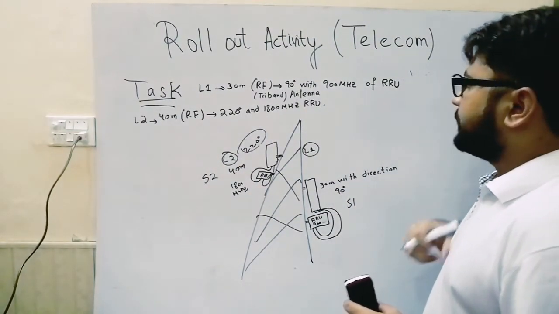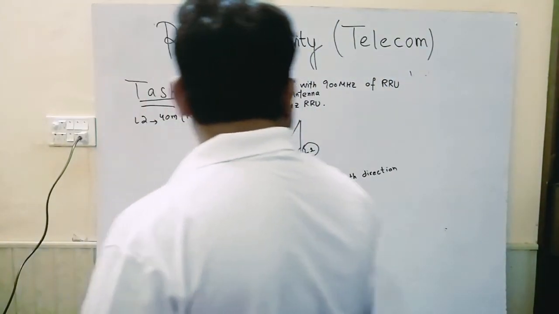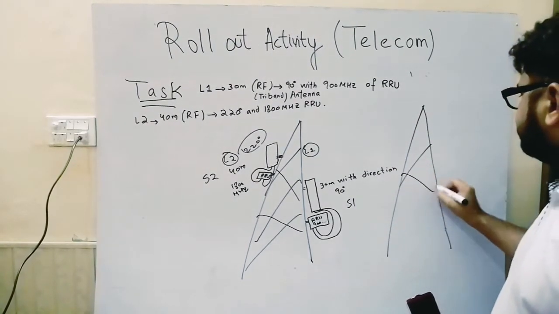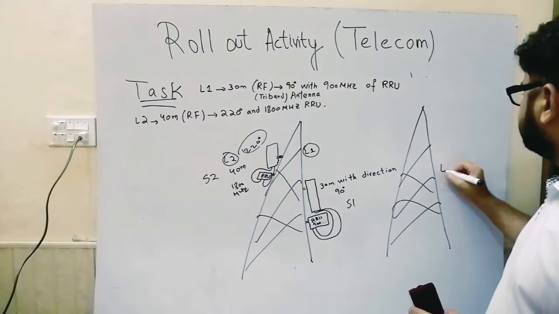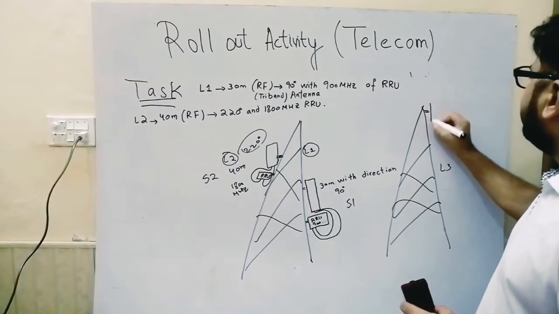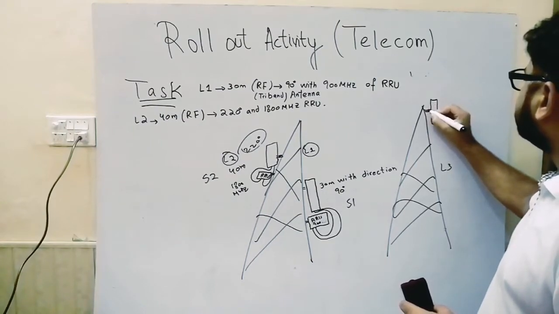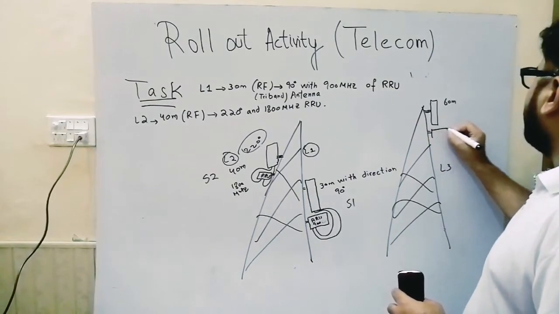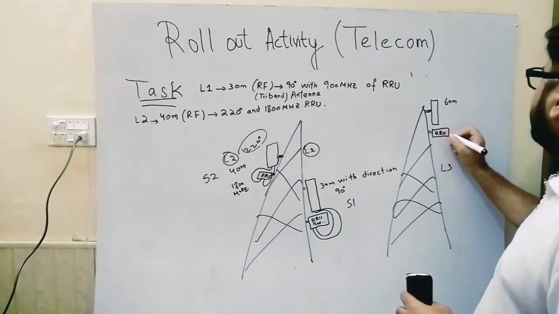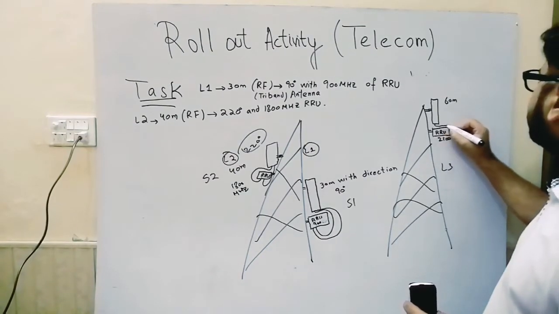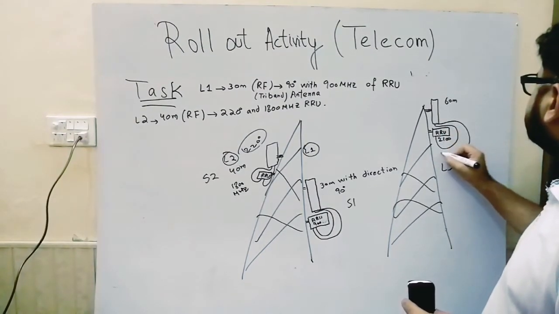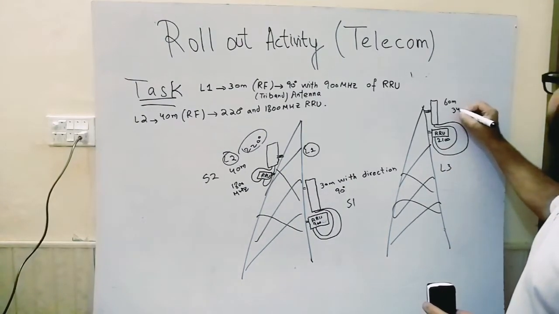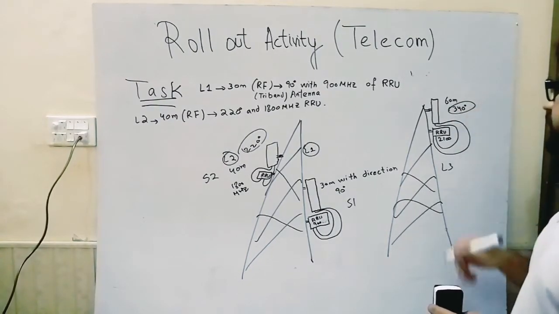And for the third one, at leg 3, suppose this is our leg 3. So here the antenna is at the height of 60 meter. Install the RRU of 2100 megahertz with the antenna, with the direction of 340 degree.